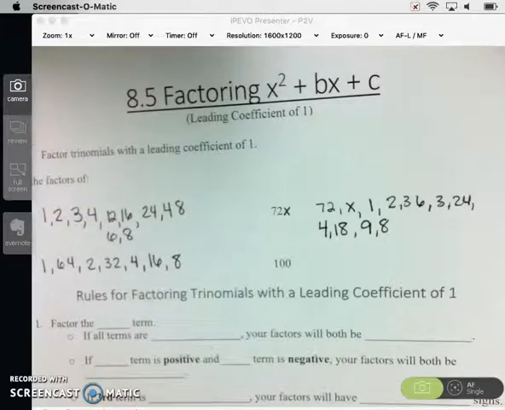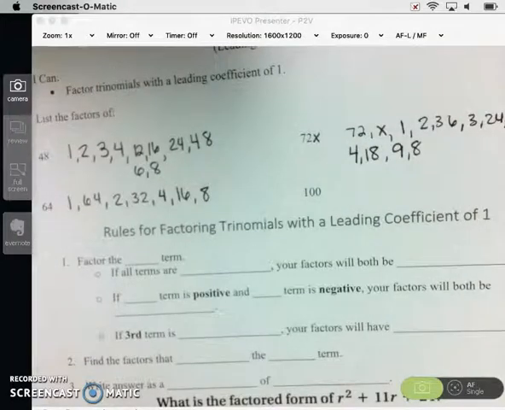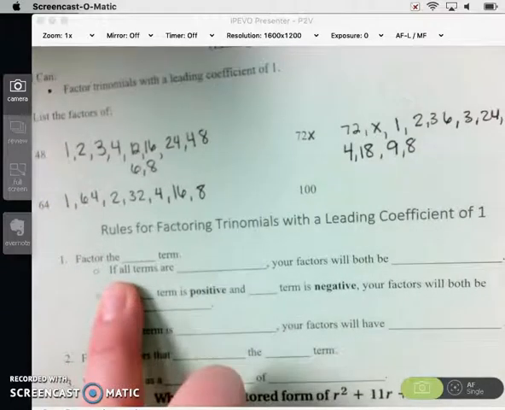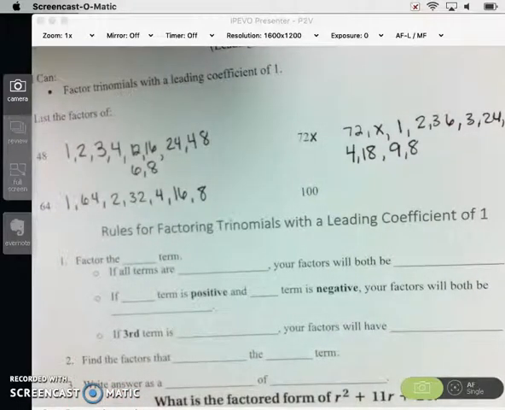Okay. Now, the rules for factoring trinomials. Trinomials are 3 terms with a leading coefficient of 1. First thing you want to do is you're going to factor the, what do you think?